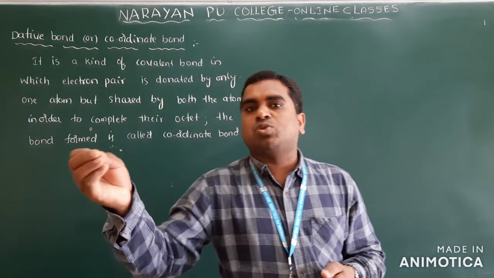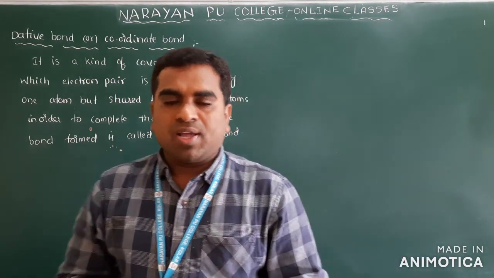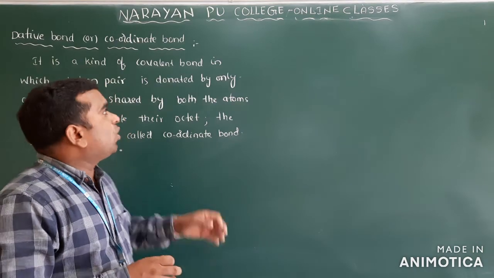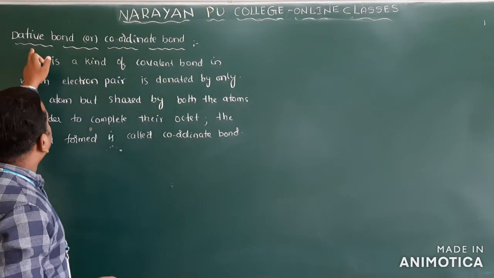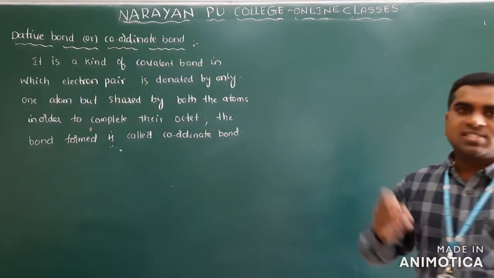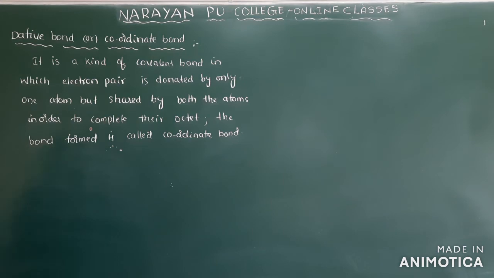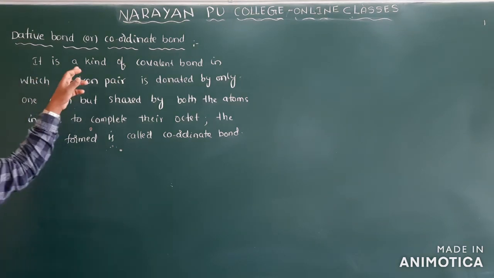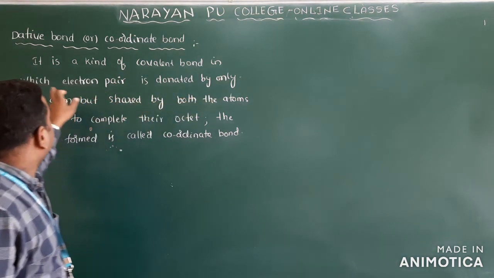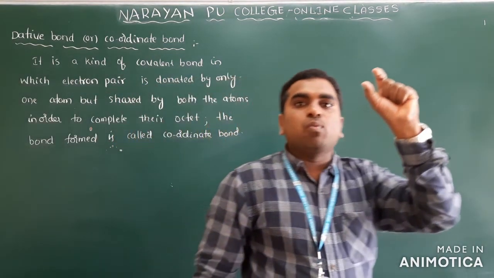This is in order to get an octet. The bond formed we call a coordinate bond, and it can also be called a dative bond. This is the definition of the dative bond: it is a kind of covalent bond in which the electron pair is donated by only one atom.